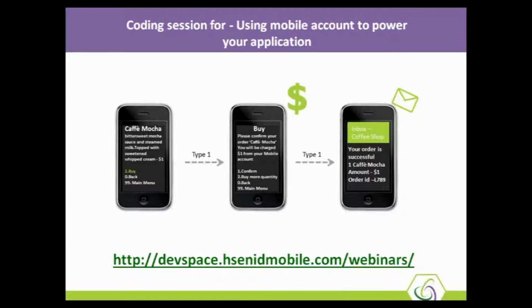Along with the successful payment, the customer will receive a message confirming his order with an order ID. The customer can show the message to the coffee shop owner and collect his coffee. As Raju mentioned previously, you can find the video of the coding session at the DevSpace webinar section.